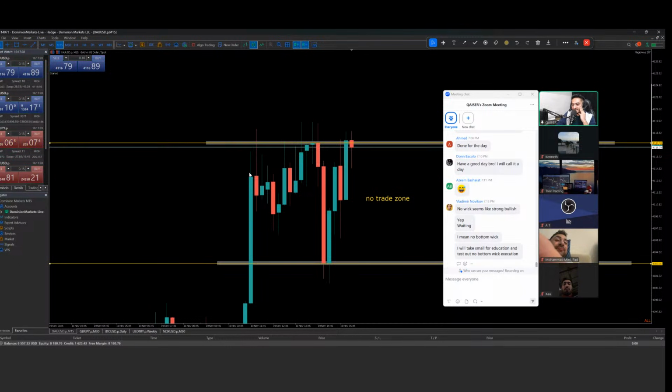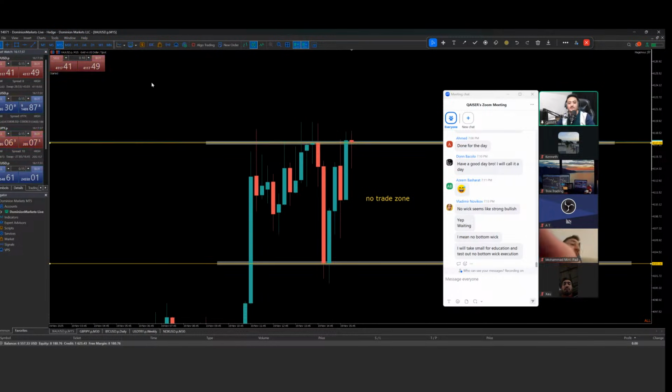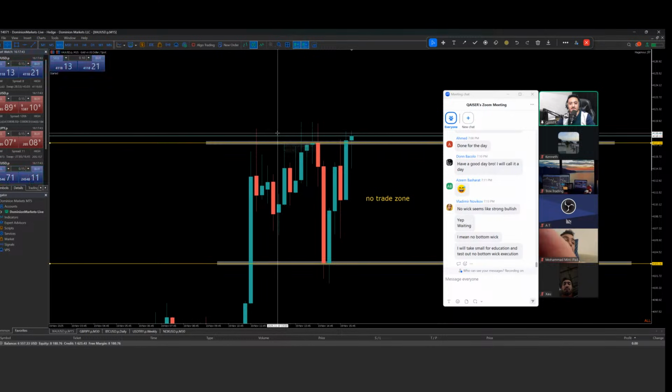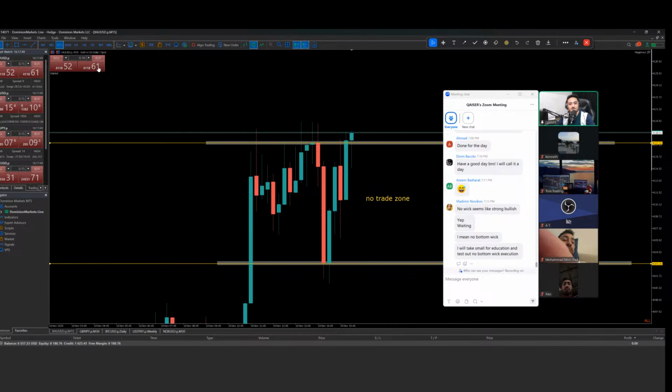H1 is rejecting from the resistance. Let me see H1. All right, so it's flipping now. It did not retrace more than 50% of the previous candle. It's flipping now. Okay, pushing upside. I don't want to miss this one, man.